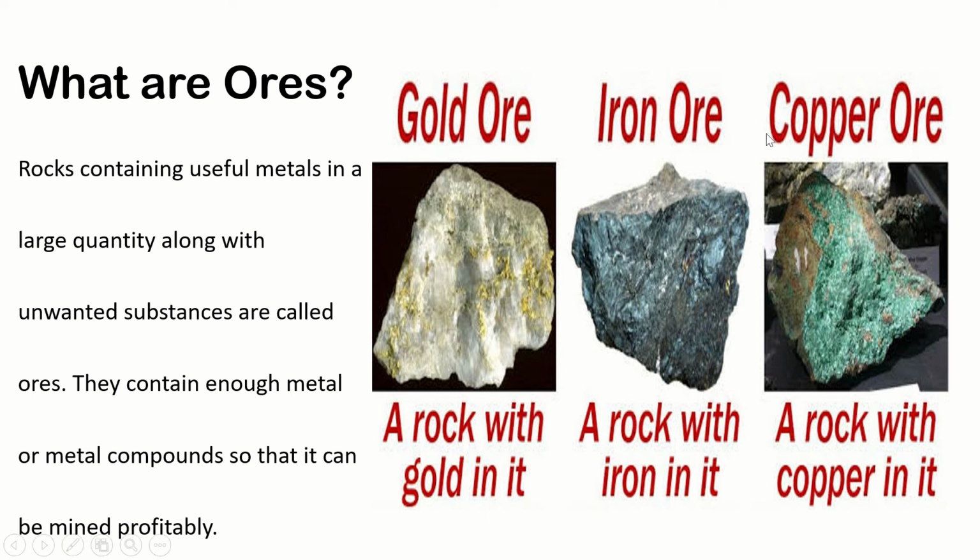The next one shows a rock with iron, and the third one shows a rock with copper in it. So these rocks contain useful metals in a large quantity, along with many unwanted substances. These kinds of lumps of rocks which have enough metal or metal compounds which can be extracted and utilized are called ores.